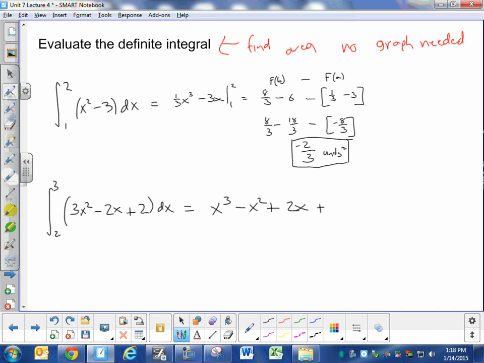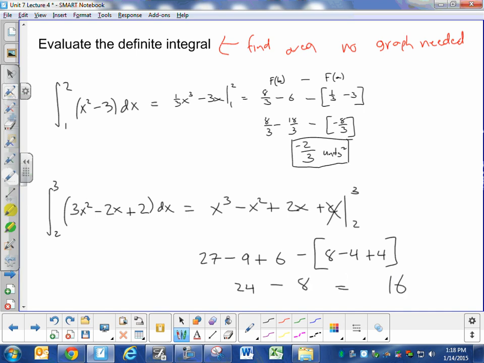Check your answers with a neighbor. We should get 16 units squared.